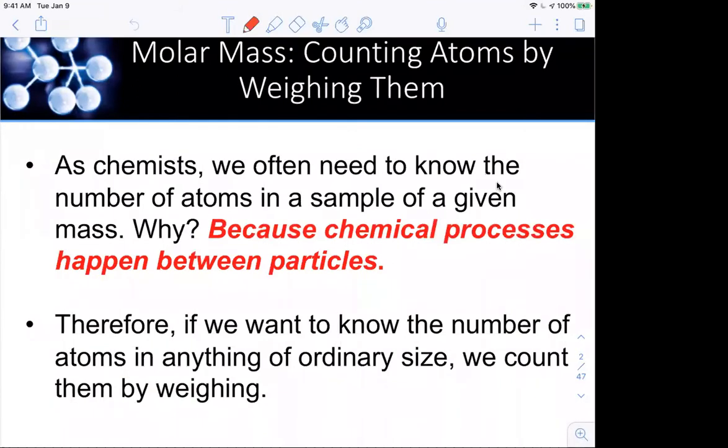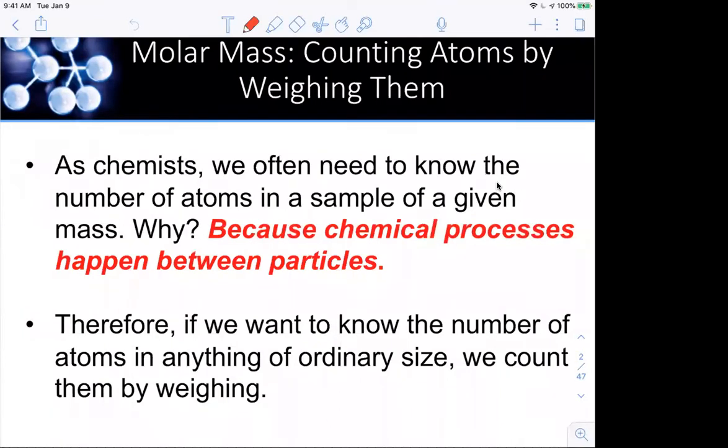And we're going to need to count them by using something that we can see. So we're going to use mass in order to count molecules and atoms. Remember, if we want to know the number of atoms in anything of ordinary size, we're going to need to weigh them.